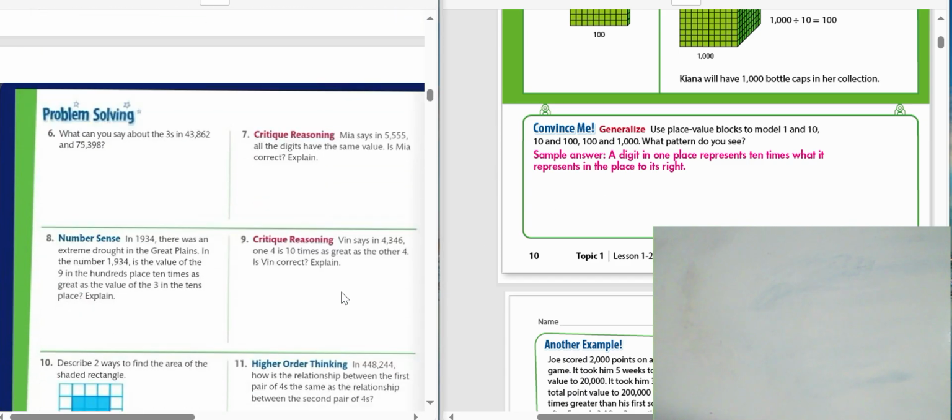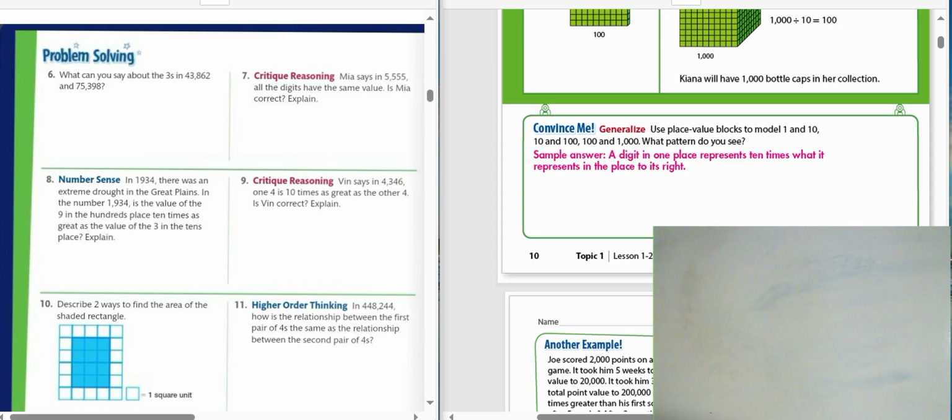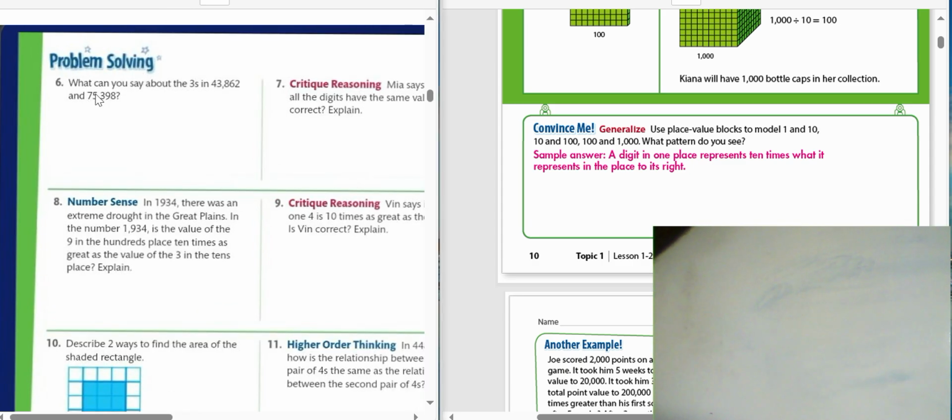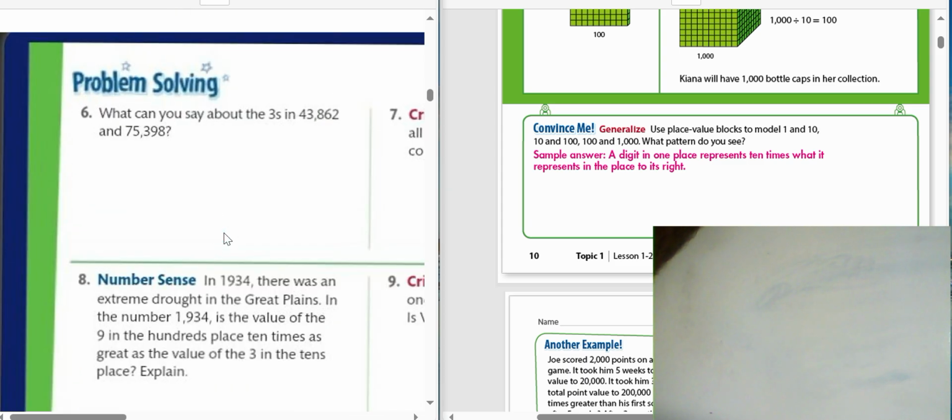Understood? Next example, look at here with me. This problem: what can you say about the 3s in the numbers 43,162 and 75,398? Who can tell me? We know the value of digit 3 here will be 3000. The value of digit 3 in the next number, 75,398, will be 300.